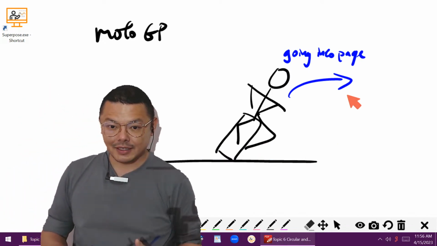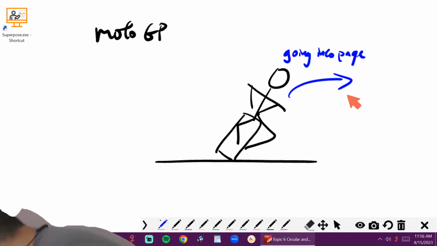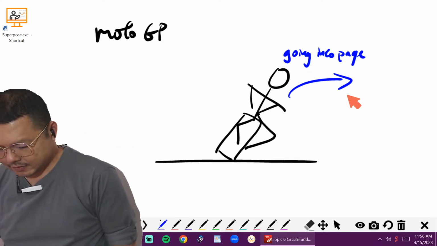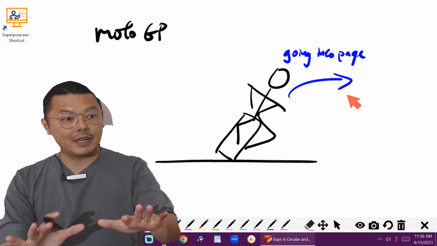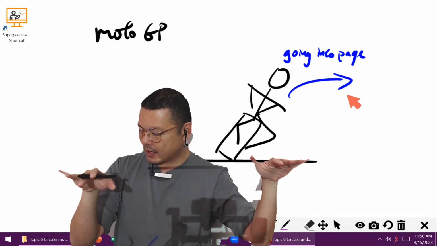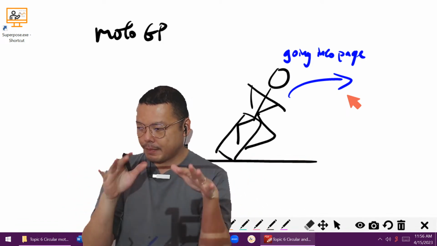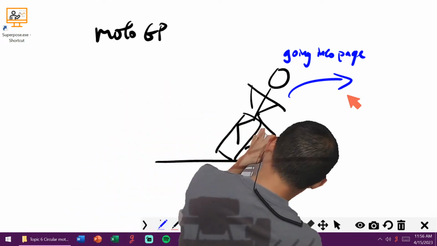Let's try to understand by drawing the forces acting on him. So where's the center of the circle? This time around, it's a flat track, so we're back to a little bit basic stuff. It's a flat track, but because it's a motorcycle, he needs to lean as he's trying to make a right turn.